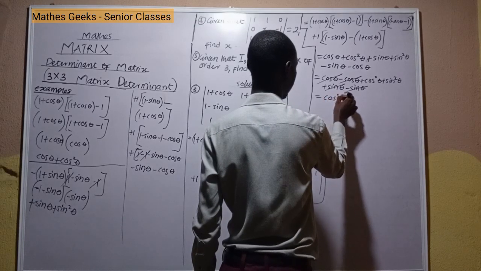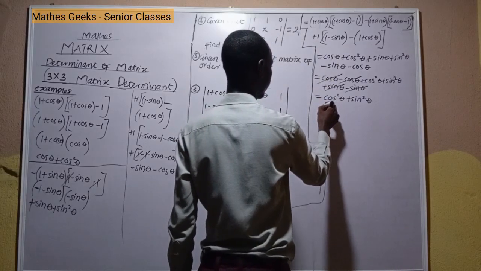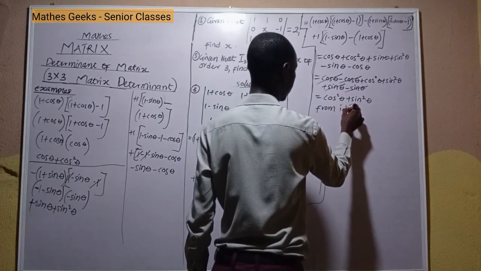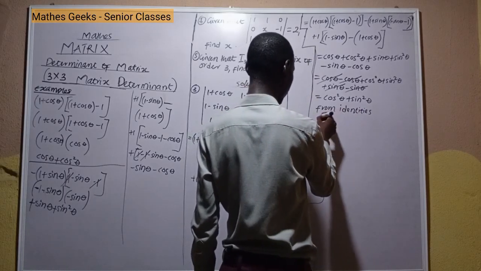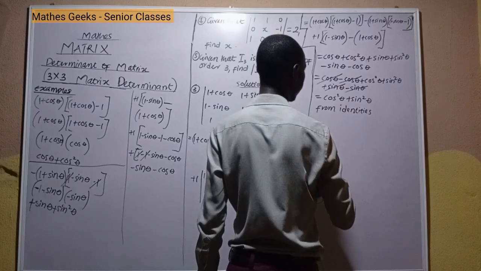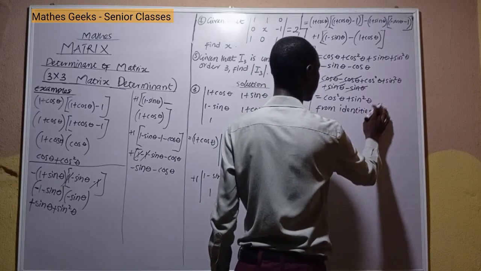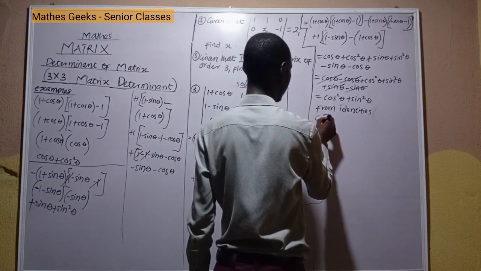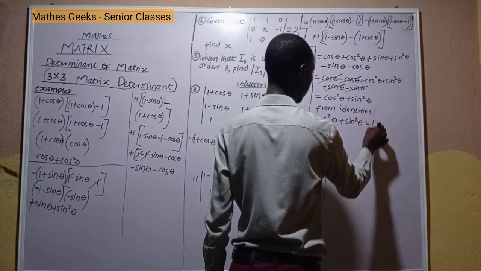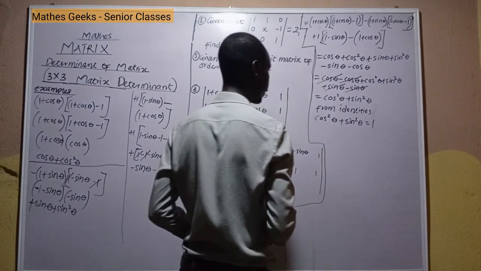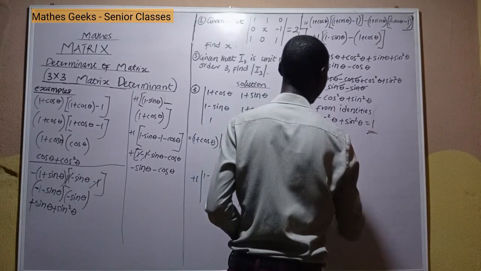So we have cos squared theta plus sin squared theta. So from identities, cos squared theta plus sin squared theta equals 1. So our answer therefore is 1, our final answer.